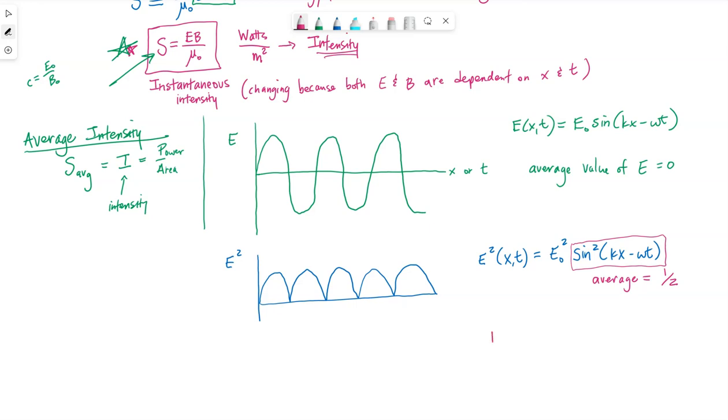So we have this electric field. The average value of E squared is 1/2 of E naught squared.